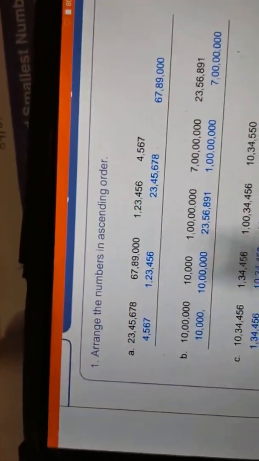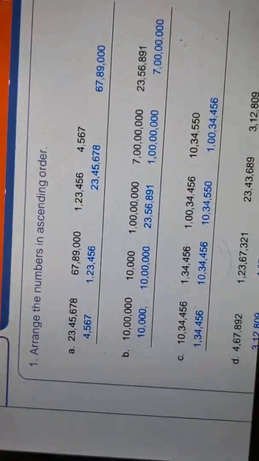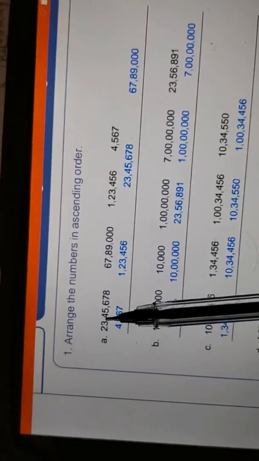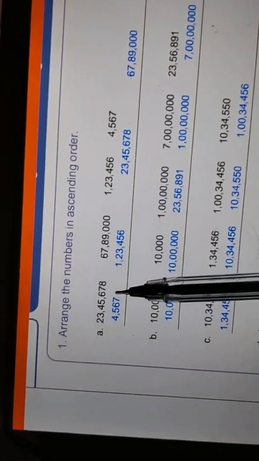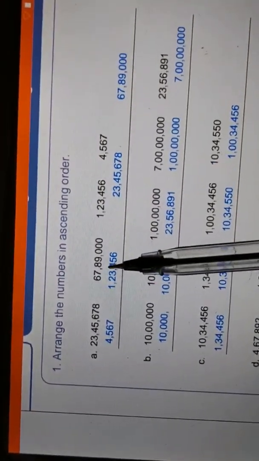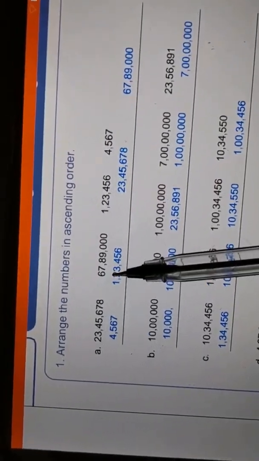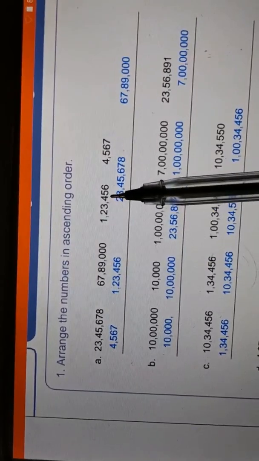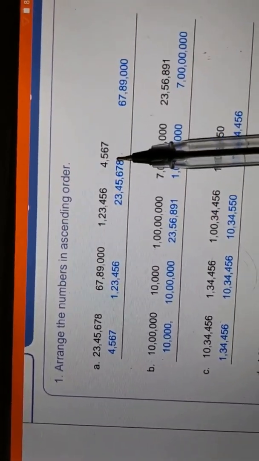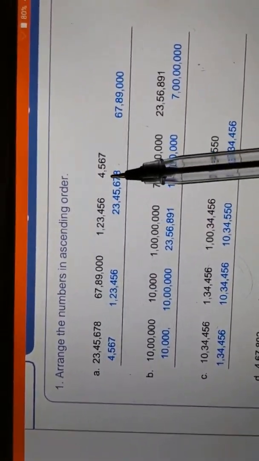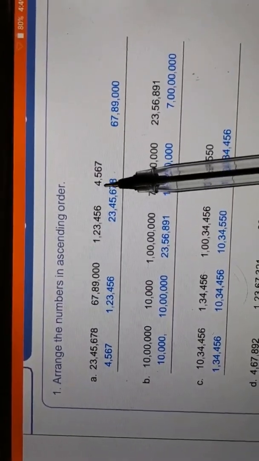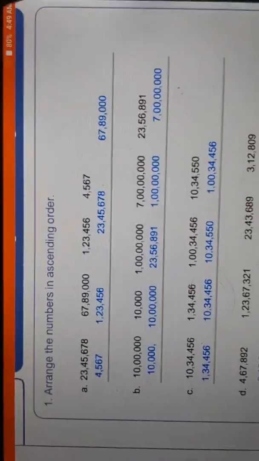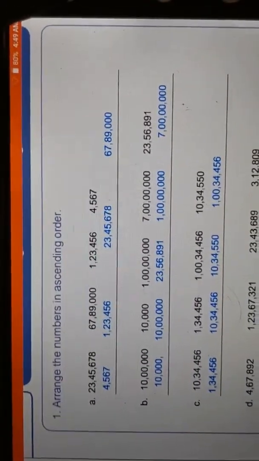Students, now look at this: 23 lakhs 44,678, 67,089, 67 lakhs 89,000, 1 lakh 23,456, 4 lakhs 56,000, 4 lakhs 4,567. Now we have to arrange them in ascending order.